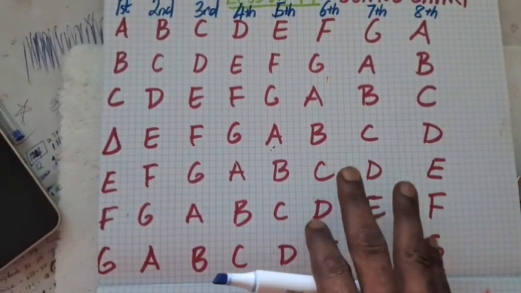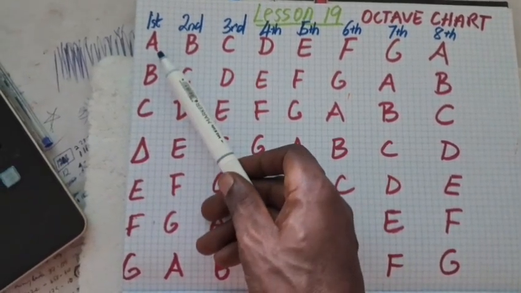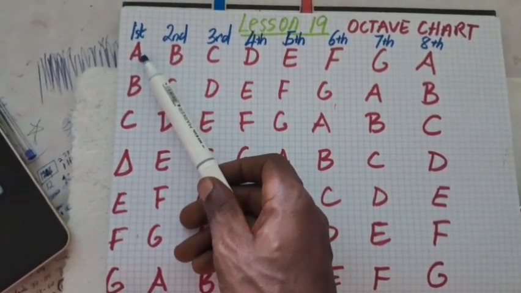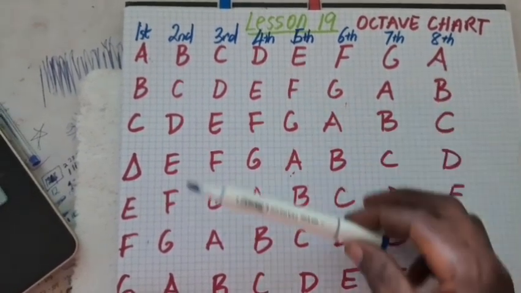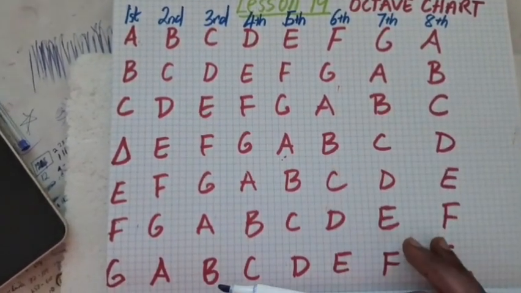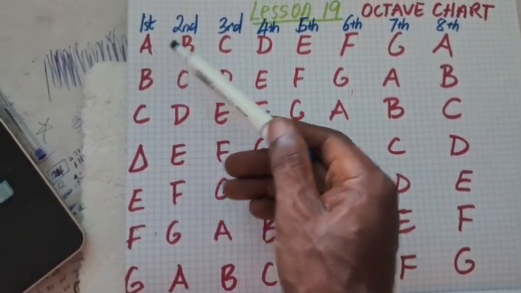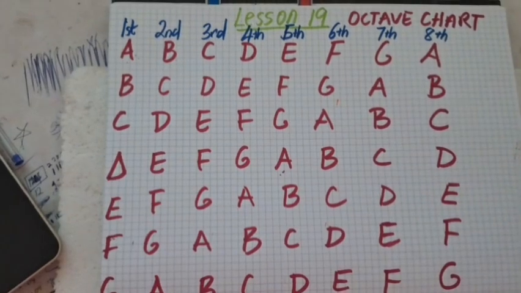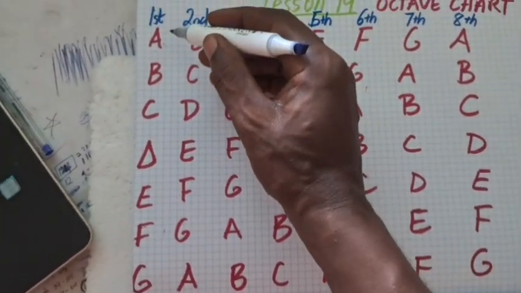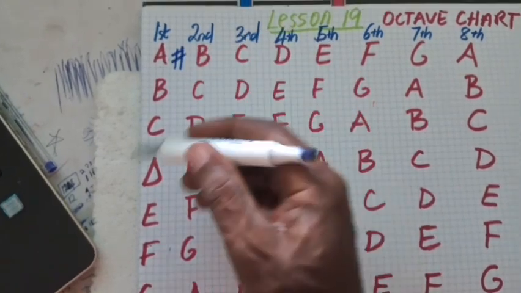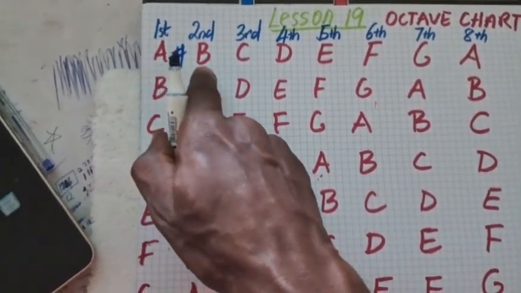This is our octave chart. And if we observe the octave chart, it has A, B, C, D, E, F, G, A. Just the way we have explained, there are 8. Between A and B, there is A sharp. So we have A as a key, then A sharp.